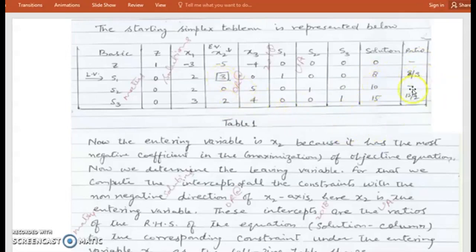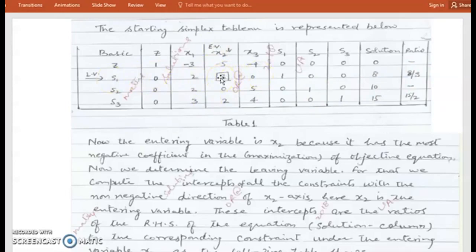So 8/3, then 10/0, which becomes infinity, which we ignore, and negative values we also ignore. Next is 15/2. We see 8/3 is the minimum value, so the corresponding variable s1 becomes the leaving variable, and the intersection of the entering variable and leaving variable becomes the pivot element.